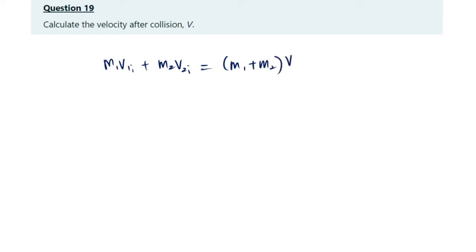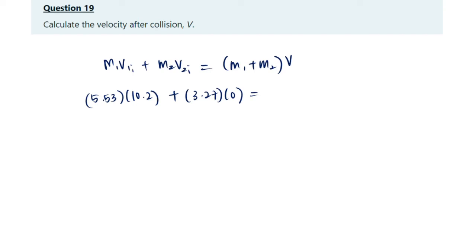Okay, so now we have mass 1 is going to be 5.53 multiplied with 10.2 plus the second mass, which is going to be 3.27 multiplied with 0, because before the collision, the initial velocity for mass 2 is 0 since it is at rest.